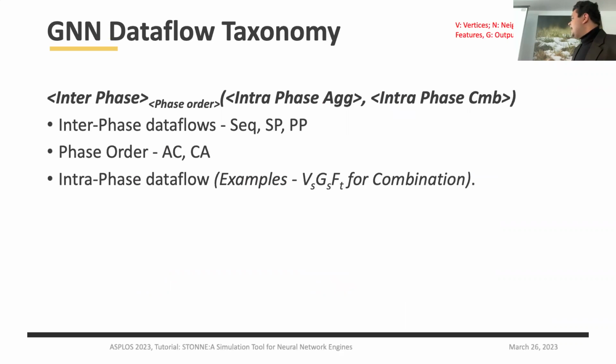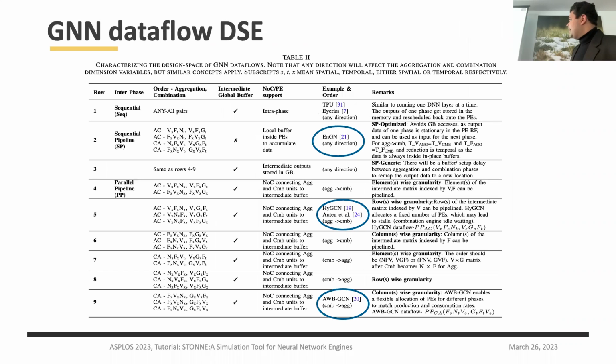Our taxonomy basically covers the type of the inter-phase data flow and the intra-phase data flow, and it also covers the phase order. I'll not go into this in detail, but we do a very detailed analysis of all these data flows, and we also highlight the previous GNN accelerators which have used these data flows.